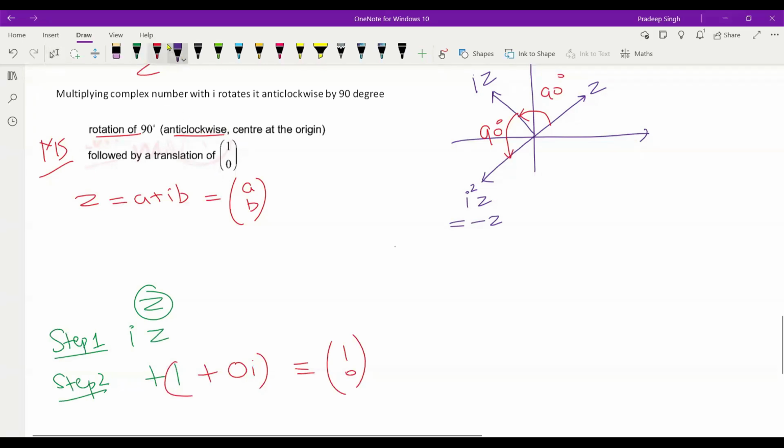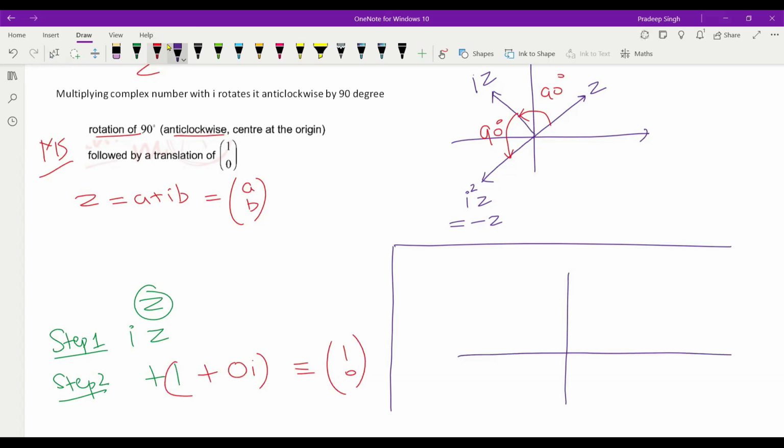But to understand this in depth, let's draw a diagram. Let's say I randomly draw a complex number Z in the first quadrant. If you multiply by I, the complex number will rotate by 90 degrees. So let's do that.